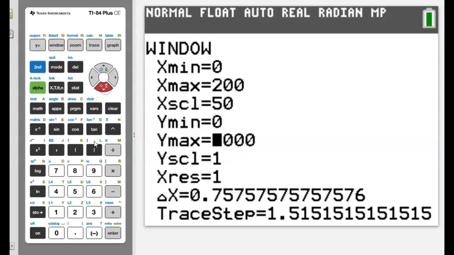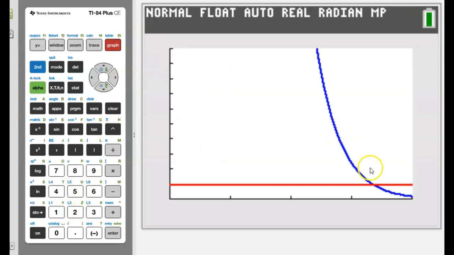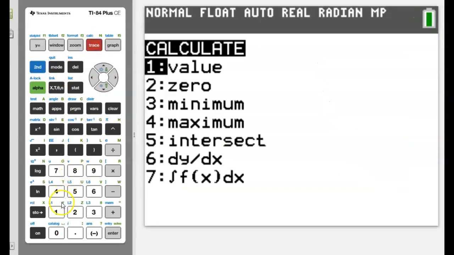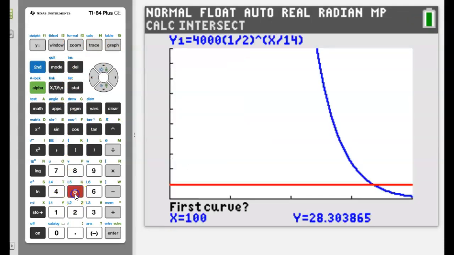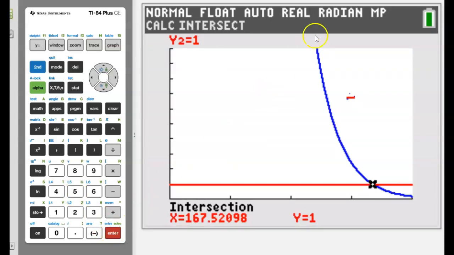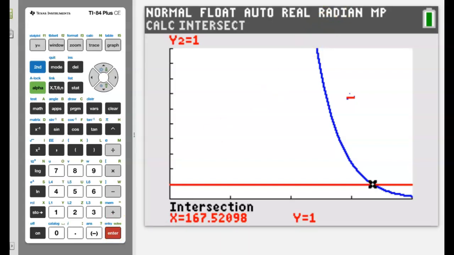I just said, let's focus in closer to the bottom. Okay, it does intersect at 167.5, about 168 days. Is that what you got by guess and check? Okay. 168.